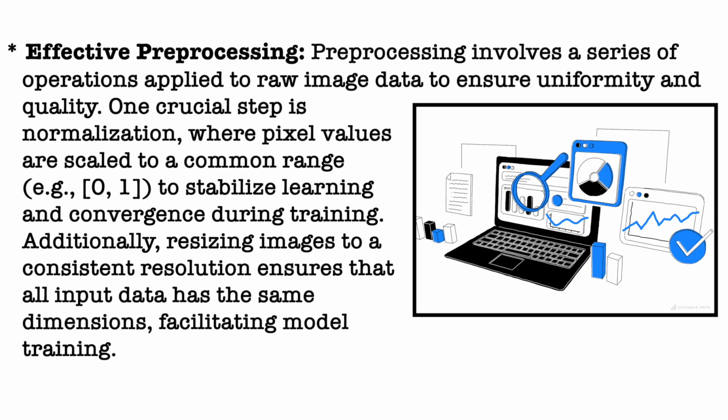One crucial step is normalization, where pixel values are scaled to a common range, that is 0 to 1, to stabilize learning and convergence during training. Additionally, resizing images to a consistent resolution ensures that all input data has the same dimensions, facilitating model training.